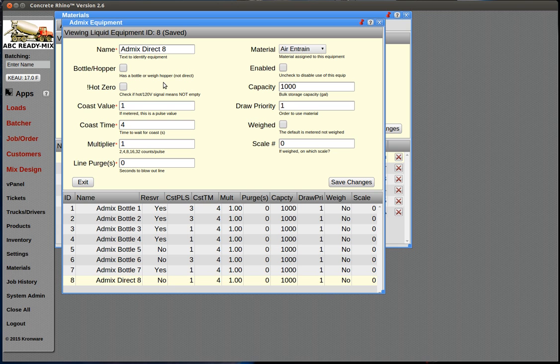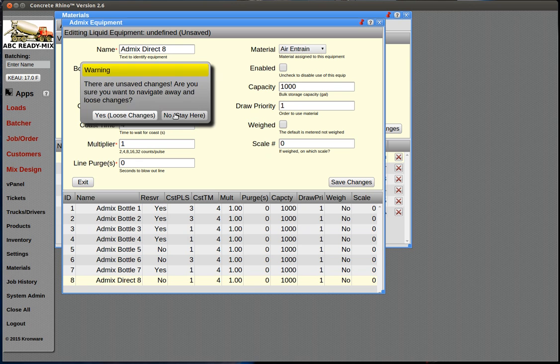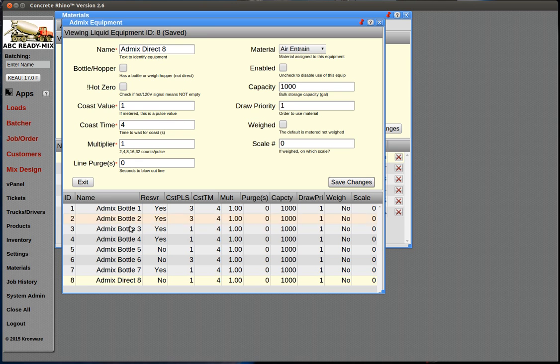If that needs to be inverted, usually what we do is we check this. Okay, in this case there's no bottle. Let's just go to bottle one. Alright, so bottle 1 with the air entrain.